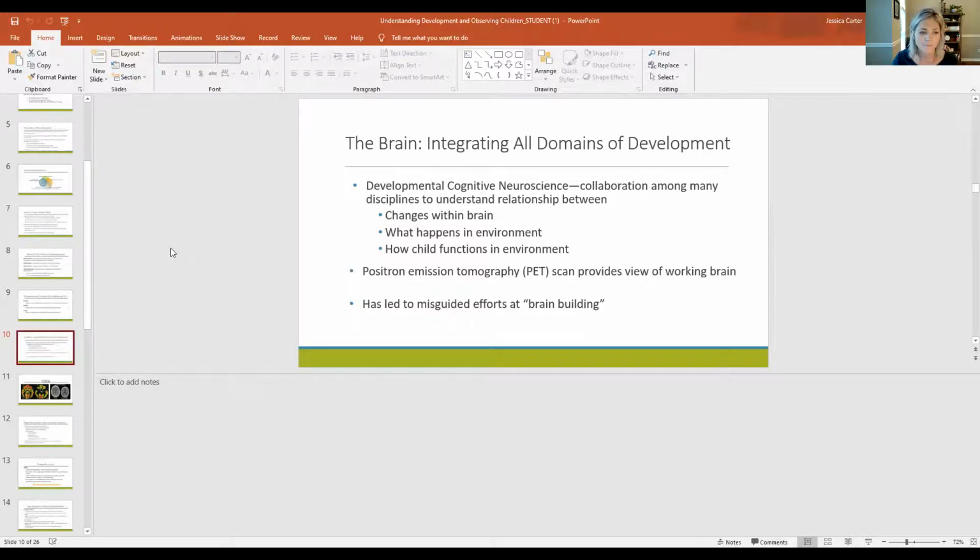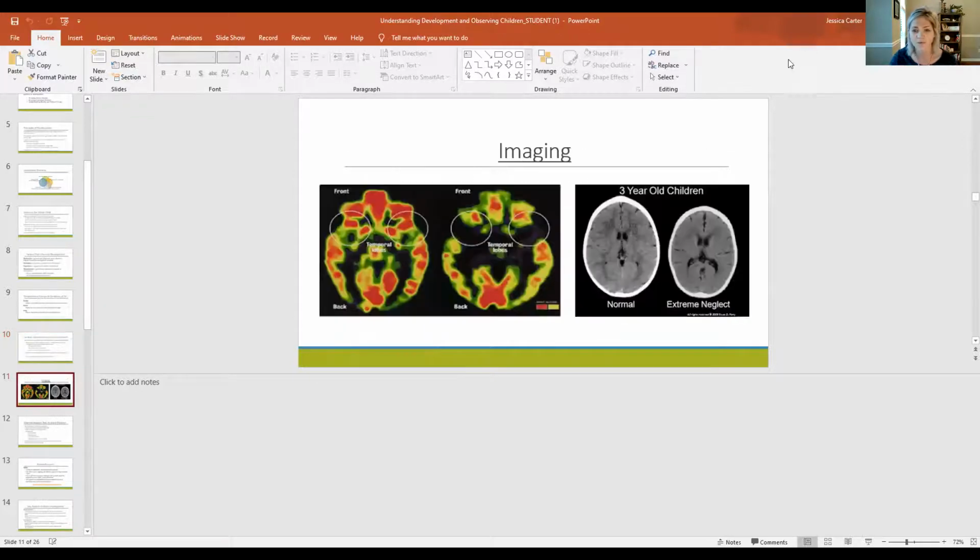Here are the images of the brain that I just referred to. You can see, particularly in this picture over here, the normal brain has much more gray matter, is what they call it, than this brain with what look like actual holes in it, of children who experienced that extreme neglect.